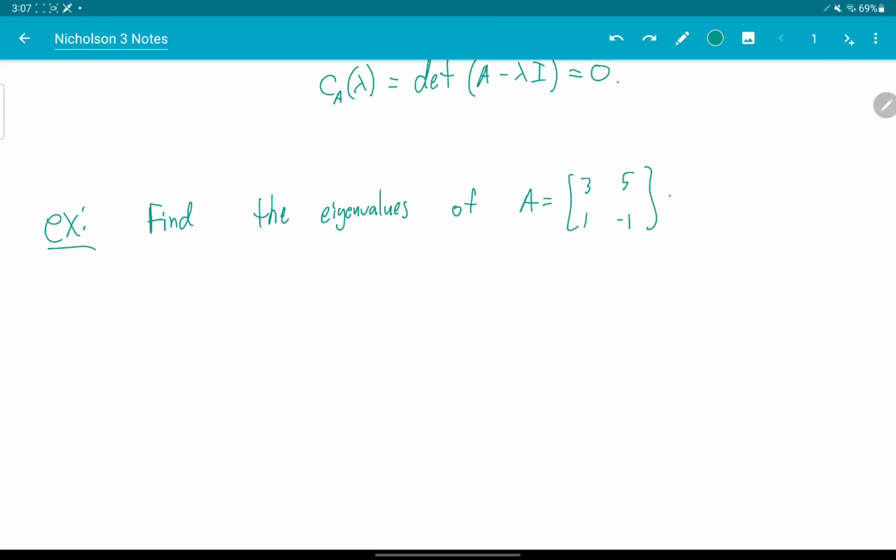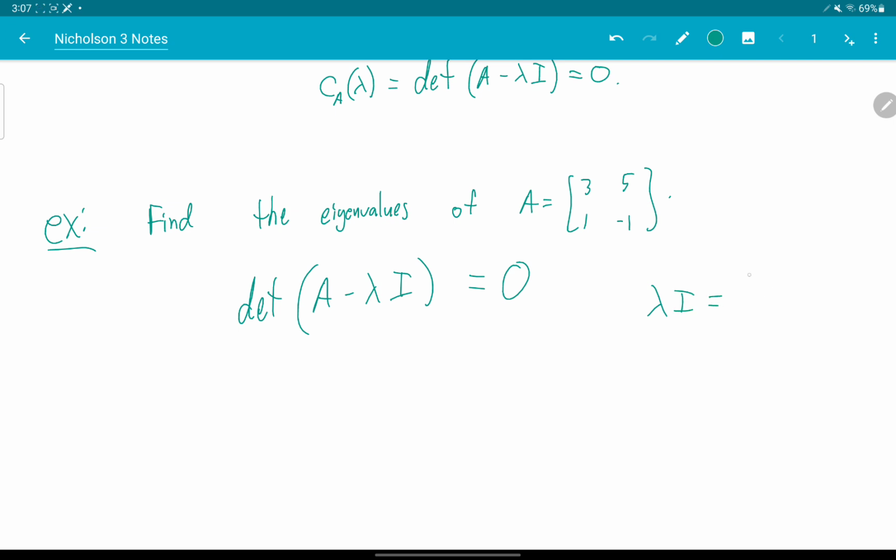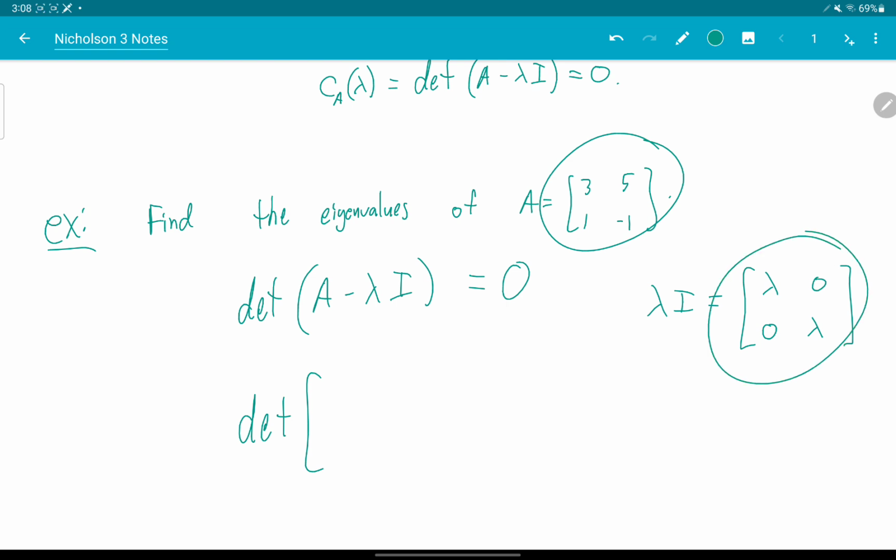So what I'll do is I'll take the determinant of A minus lambda I, and I'll set it equal to 0, and I'll see what happens. Okay, lambda I in this case is the 2 by 2. That looks like that. So my determinant is going to be this minus this.